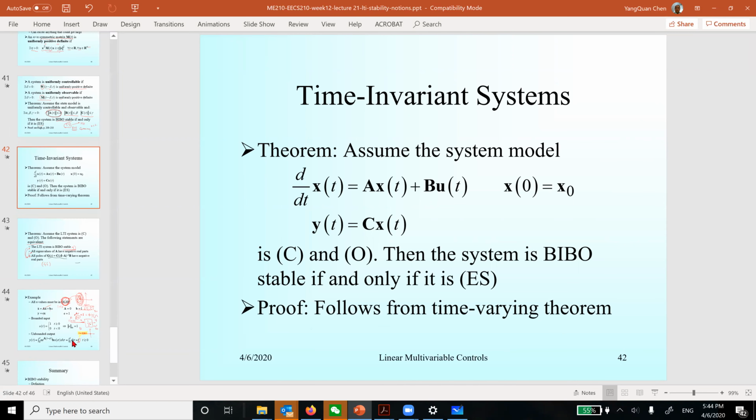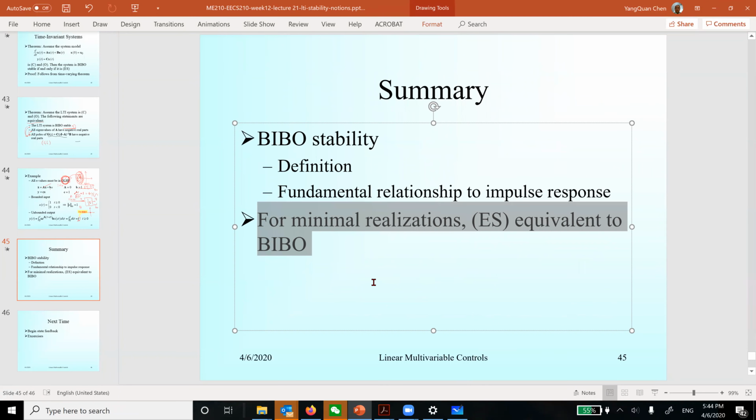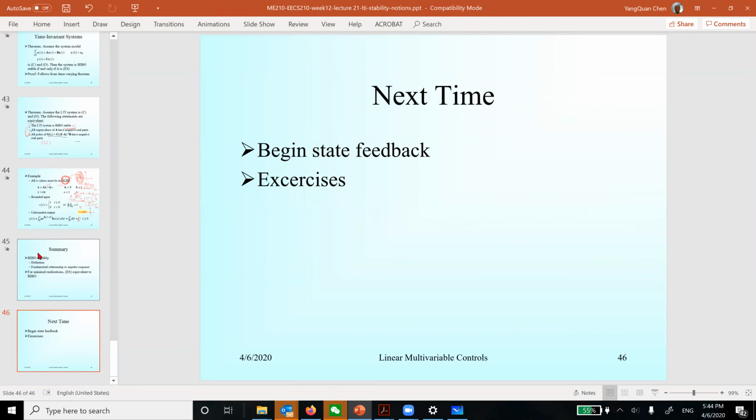So let me remind you, this is in general wrong. In general, this is not right. It's not correct. It is only correct for the LTI case. And for BIBO stability, basically you need the impulse response G integral to be bounded. So with that, the stability part, we have done all of them.